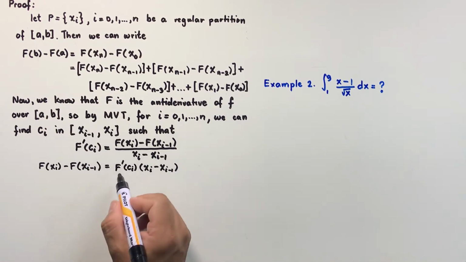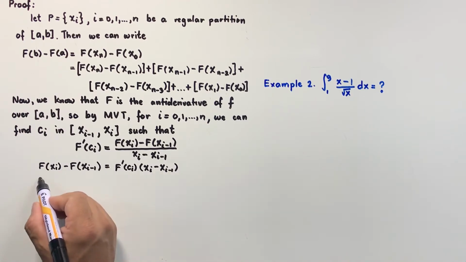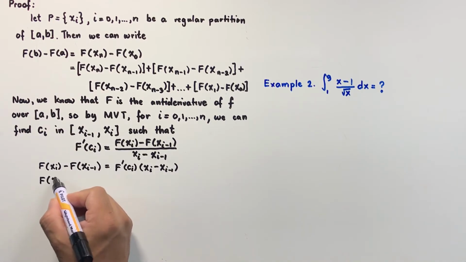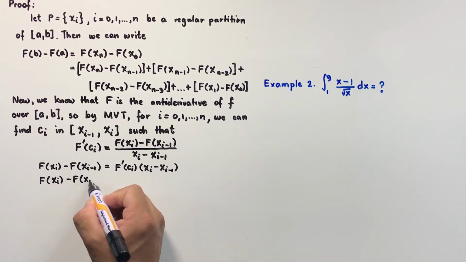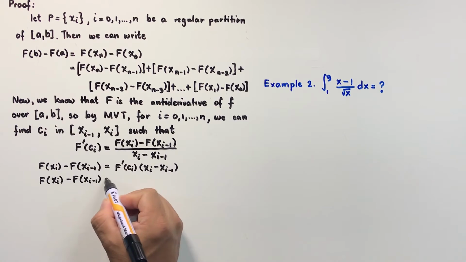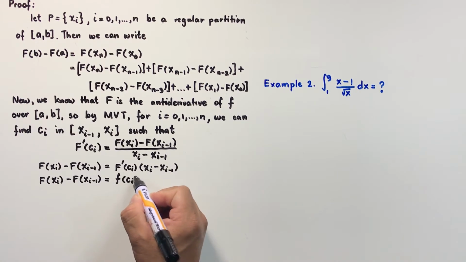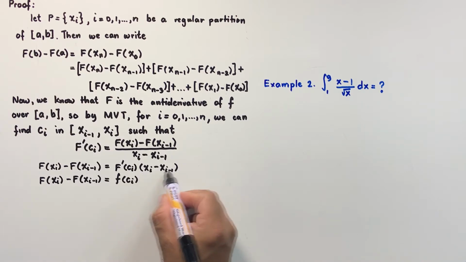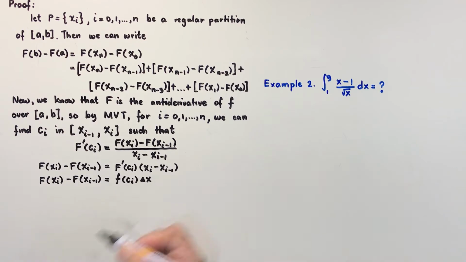But we know that the derivative of the big F is the small f. So we have big F of x sub i minus big F of x sub i minus 1, which is equal to the small f of c sub i times this subinterval, which can be written as delta x.